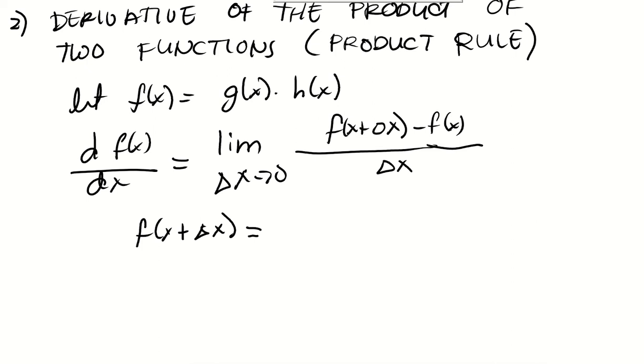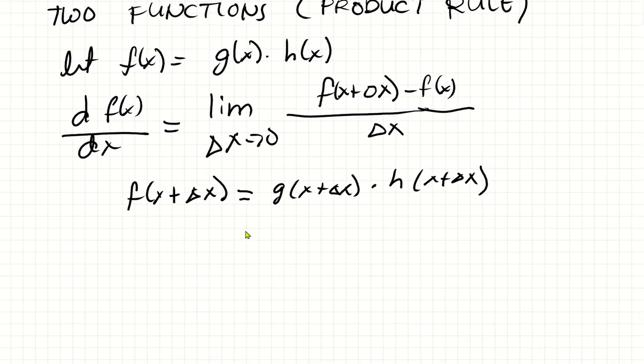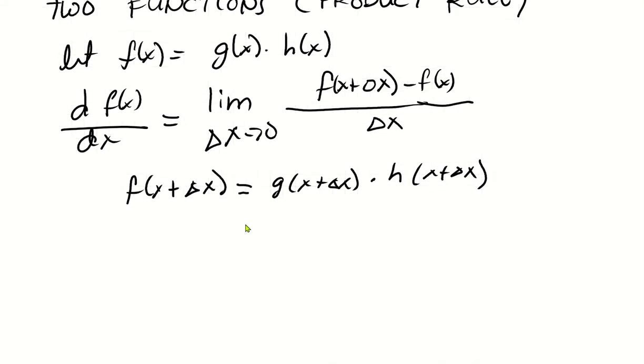This will be equal to g of x plus delta x, and you multiply it with h of x plus delta x. Then we again substitute this to the equation here.